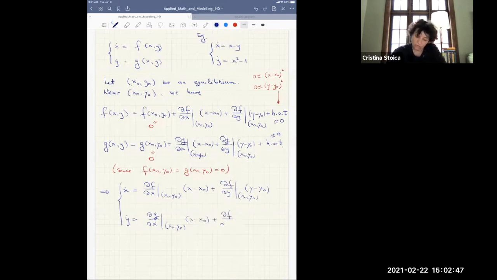And you're going to say, so what? Well, these derivatives are computed at points that we know, so they're actually numbers.